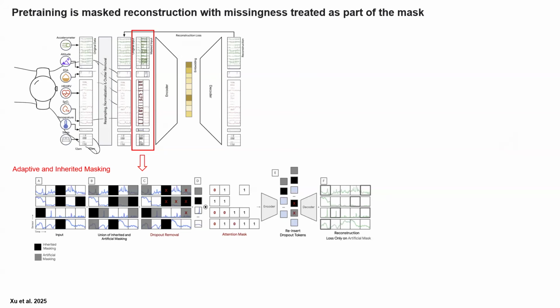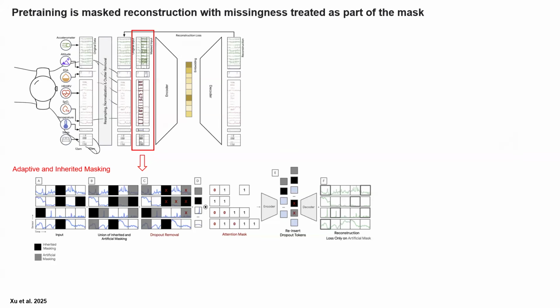Can you explain the attention mask? Basically, we already have data that has missing information. Wearables have that a lot. On top of the missing information, the authors introduced artificial masking, in which they introduce missing information in the data that they already know. That helps them evaluate how well the model is performing in reconstructing the original data.